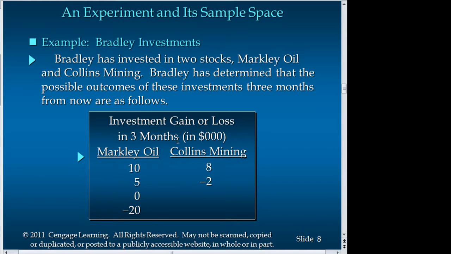These describe dollars in thousands. So this would be $10,000, this is $5,000, this is $0, and this is negative $20,000. And for mining, this would be 8,000, and this is negative 2,000. So when Bradley invested in these two companies, possibly this can happen, or possibly this can happen.